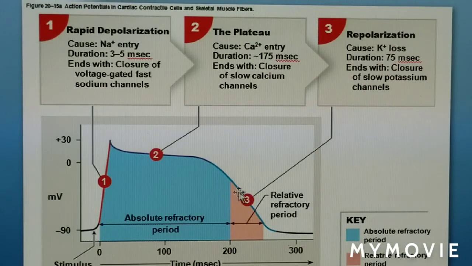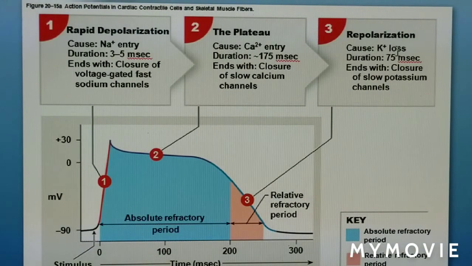So here we can kind of get an idea of what's going on. Number one, we have rapid depolarization. Sodium rushes in, and it's very fast. Plateau, calcium enters. It's a slow process. Repolarization, as we're going down the graph, the bell curve.